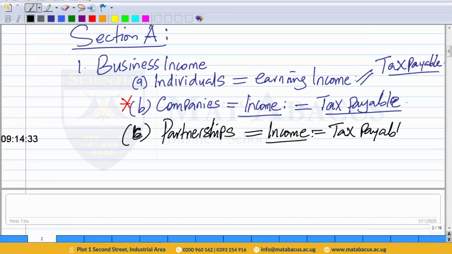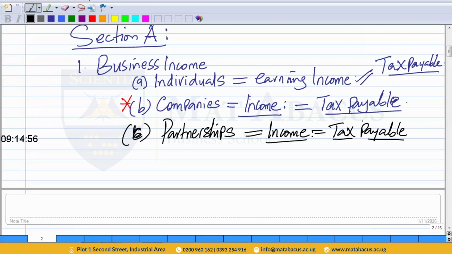As we look at it in detail, you realize that partners are the ones to pay tax, not the partnership itself. We shall look at what a partnership is. I know most of you have done financial accounting, and if you have not, we shall look at it so you understand what a partnership is.